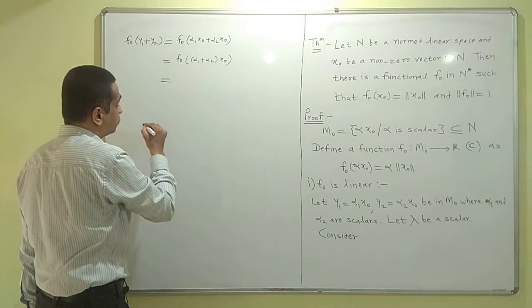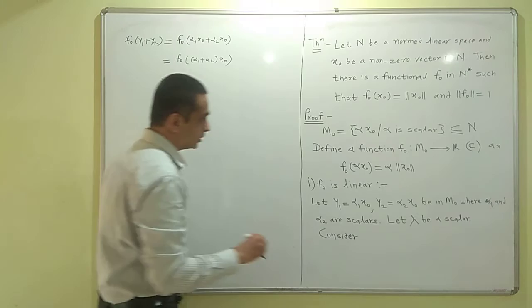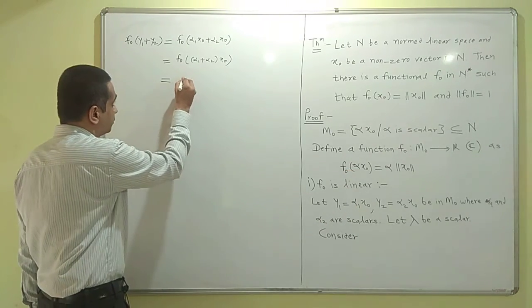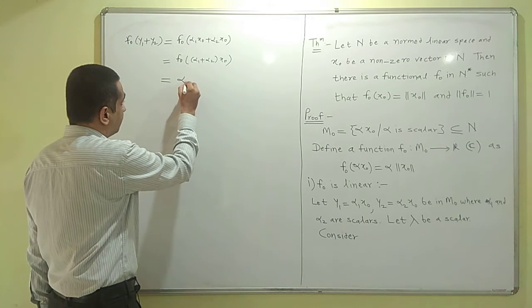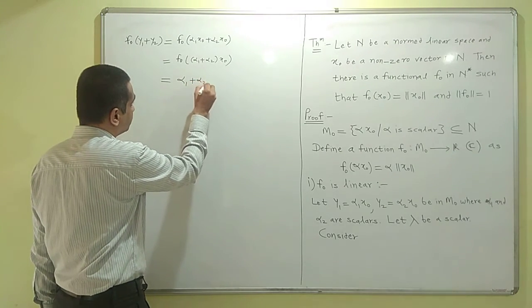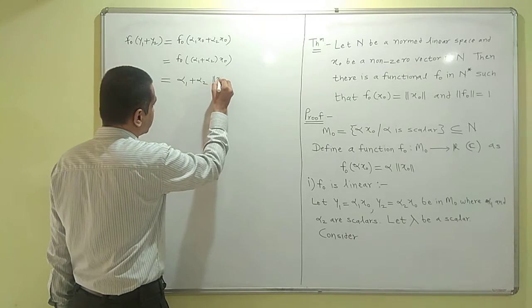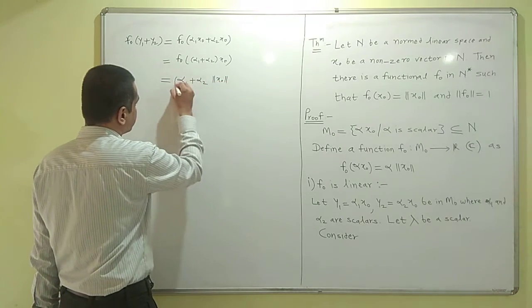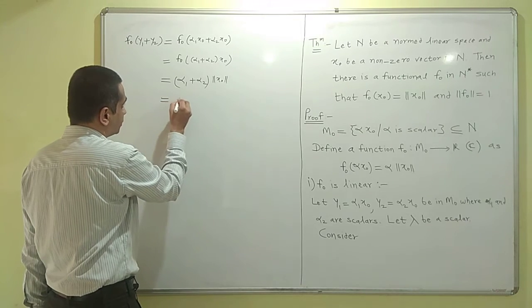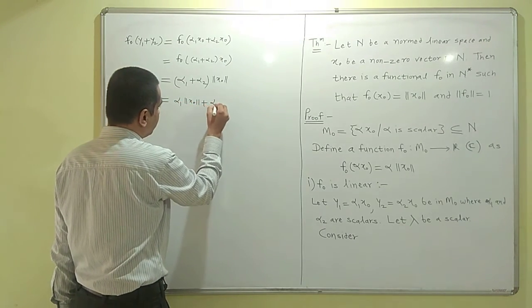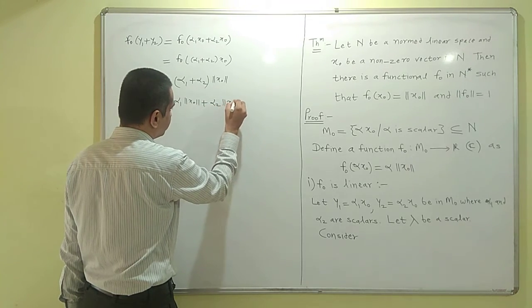By definition of f0, here alpha is alpha 1 plus alpha 2, so it is equal to (alpha 1 plus alpha 2) norm of x0, which equals alpha 1 norm of x0 plus alpha 2 norm of x0.